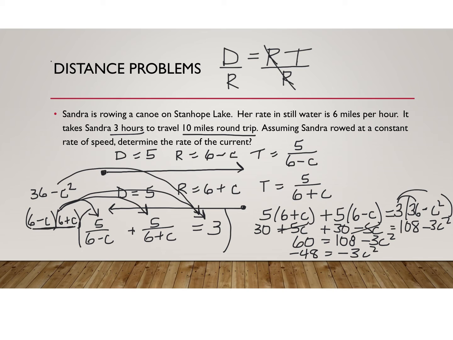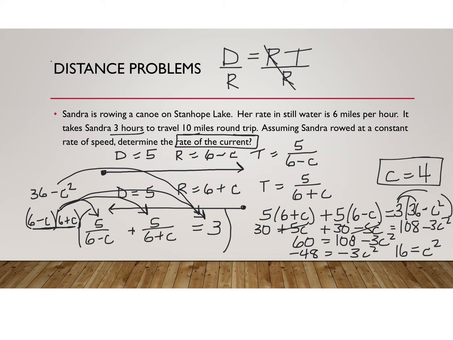If I divide both sides by negative 3, I'd have c squared is equal to 16. Square root of both sides means c must be 4, or negative 4, but our current can't be negative. So as far as the rate of the current goes, it would be 4 miles an hour.